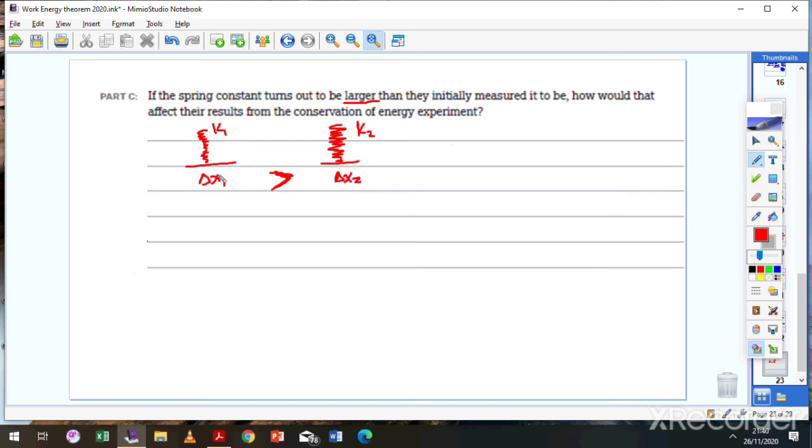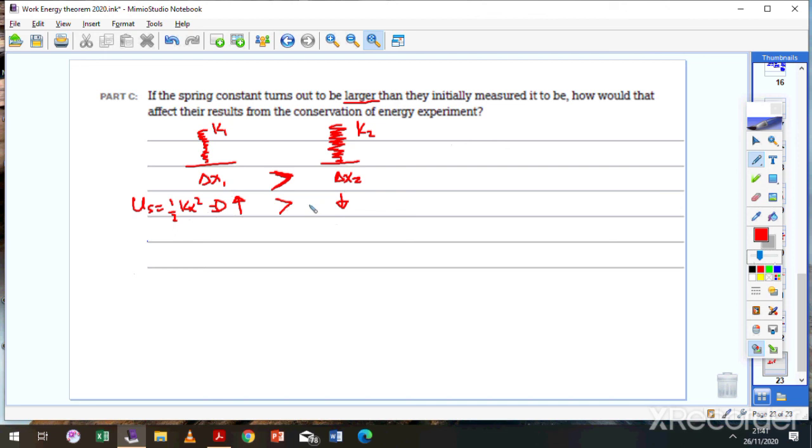Since this extension is bigger than this extension, what do you think is going to happen to the elastic potential energy, which is half kx squared? For spring 1, since you have a bigger extension, it will be greater than this one, since you have a smaller extension. This one will be a smaller elastic potential energy.